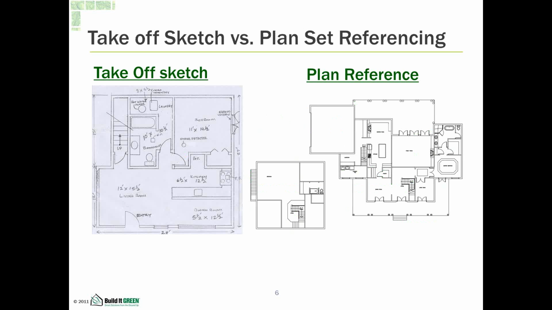Okay, so takeoff sketches on the left, you can see this is actually a really good takeoff sketch, but typically takeoff sketches won't really need interior partitions or any of the appliances, but a fine level takeoff will have almost everything noted and what rooms and dimensions.